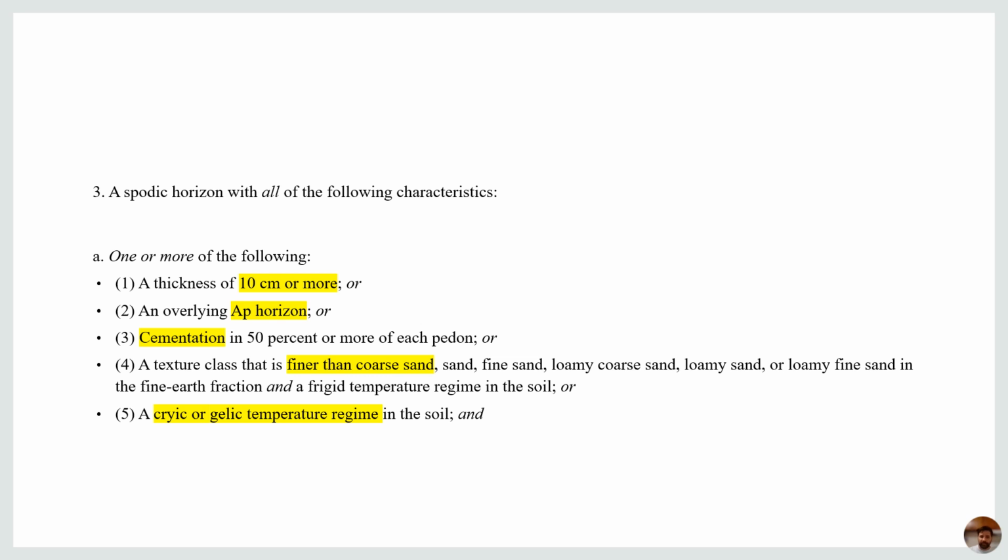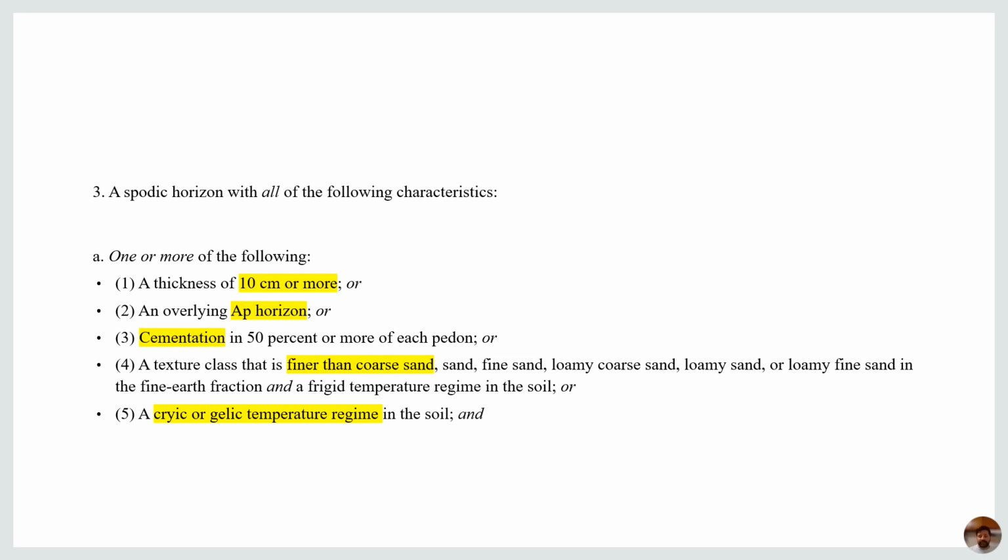So if you remember, to identify a spodic horizon, we can find some spodic horizons that could be very thin, something like 2.5 centimeters of thickness. But to classify a spodosol, this spodic horizon should be thicker, okay?